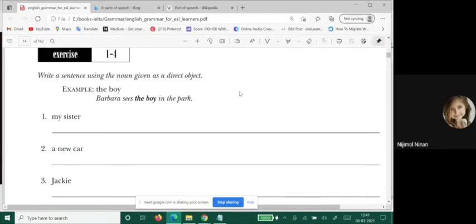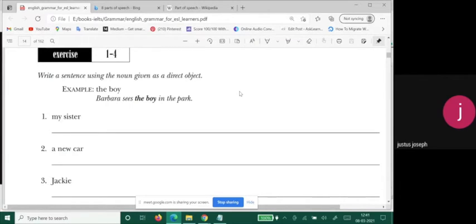Subject, Barbara sees what? Answer me: the boy. Direct object. Is this following that second rule that I told you about? No. Understood. That's why I said that second rule is not very important.